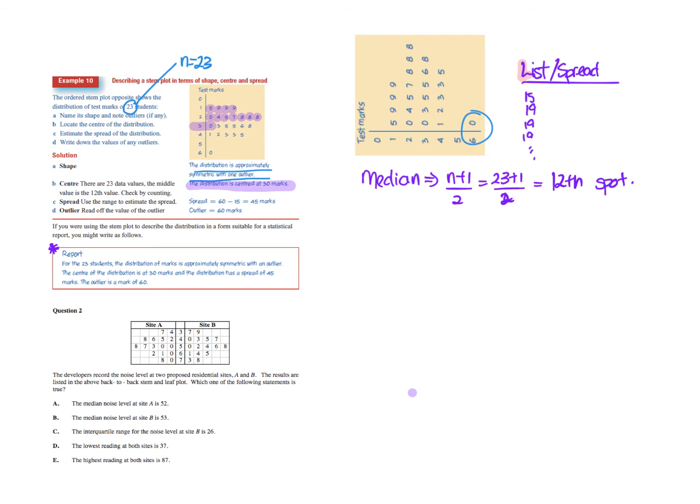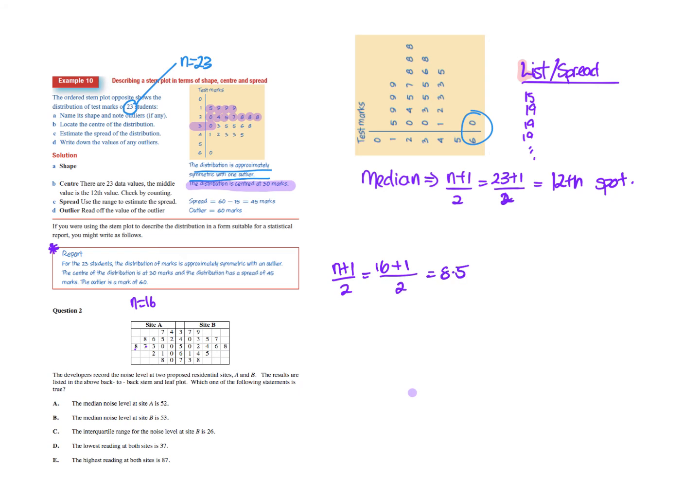So first count up all the leaves in A. You've got 1, 2, 3, 4, 5, 6, 7, 8, 9, 10, 11, 12, 13, 14, 15, 16. So if I've got 16, then n plus 1 divided by 2, this is where we've got an even number, so it's the 8.5.